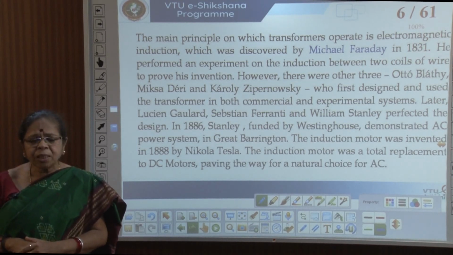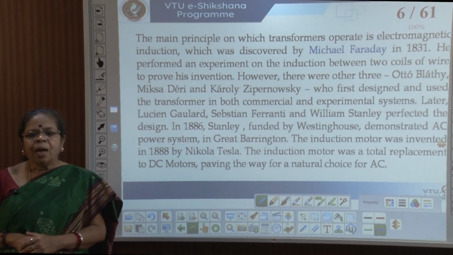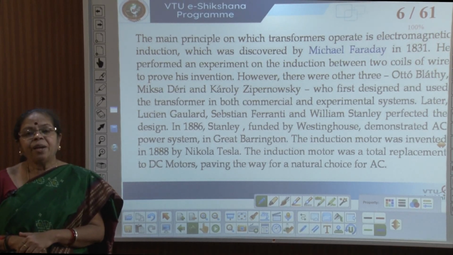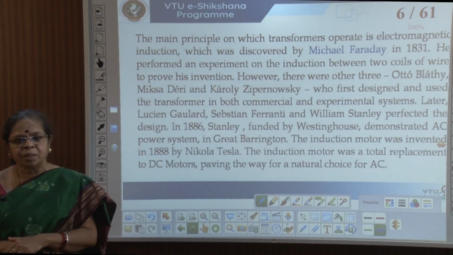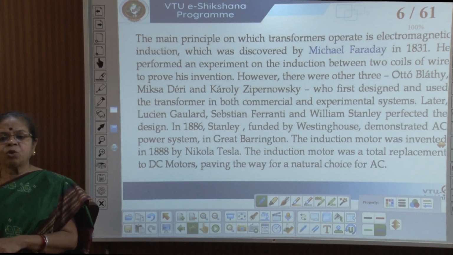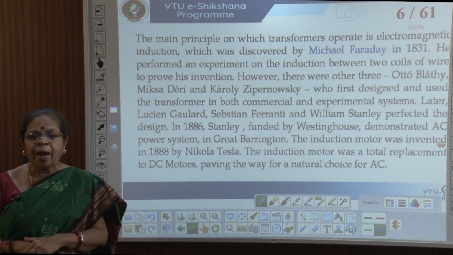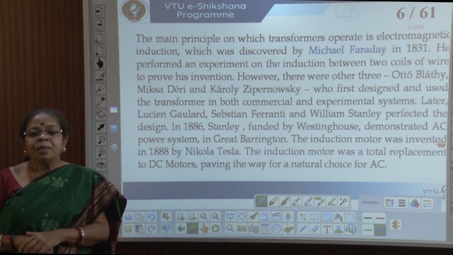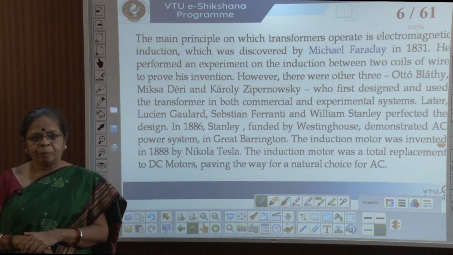However, Faraday did not invent the first transformer, right? There were three people, Blathy, Deri and Zipernowsky, who first designed and used the transformer in both commercial and experimental systems. Later on, under the leadership of William Stanley and his team, Ferranti and Gaulard perfected the design of the transformer.